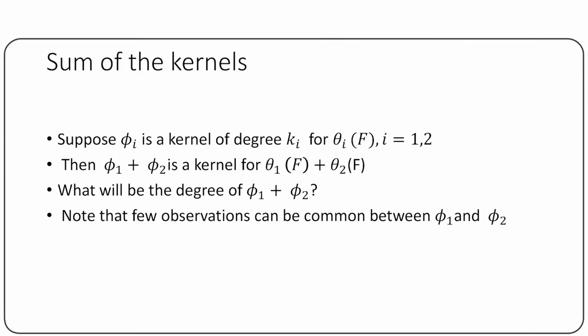Suppose phi1 is a kernel of degree k1 for the functional theta1, and phi2 is a kernel of degree k2 for theta2. So, what will be the degree of phi1 plus phi2? Observe that phi1 plus phi2 is a kernel for theta1 plus theta2, but keep in mind that a few observations can be common between phi1 and phi2.